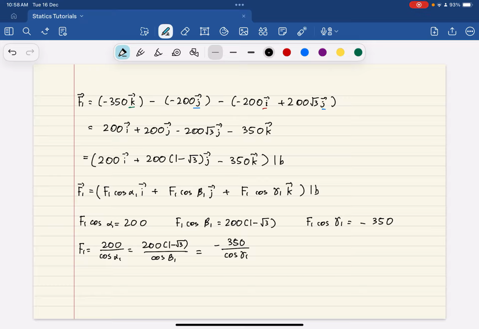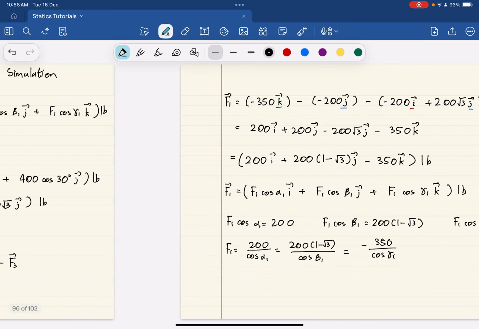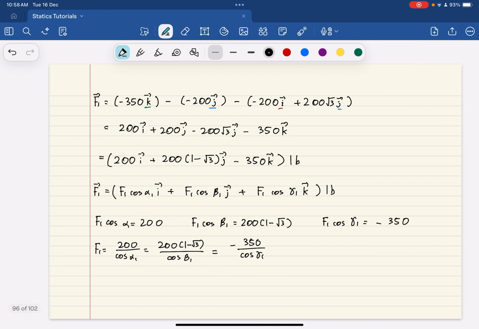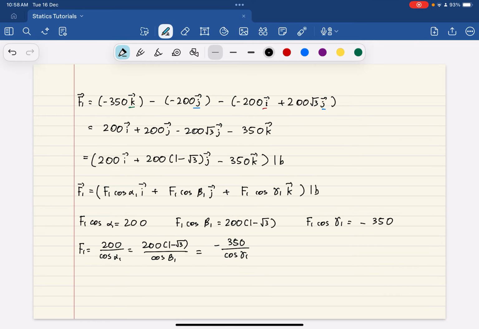That's one relationship we can establish, because that's the magnitude. Another relationship is that cosine squared alpha 1 plus cosine squared beta 1 plus cosine squared gamma 1 is equivalent to 1. So from these two relationships, we should be able to deduce alpha, beta, and gamma.